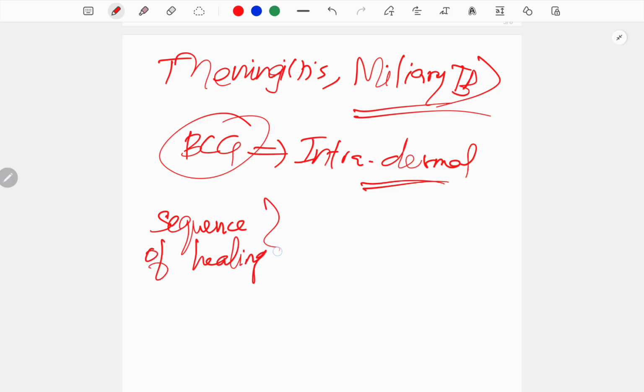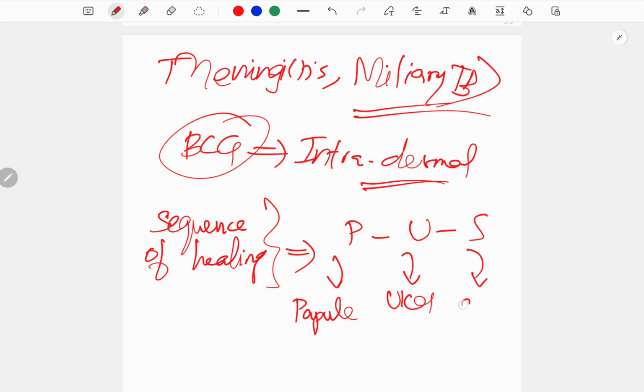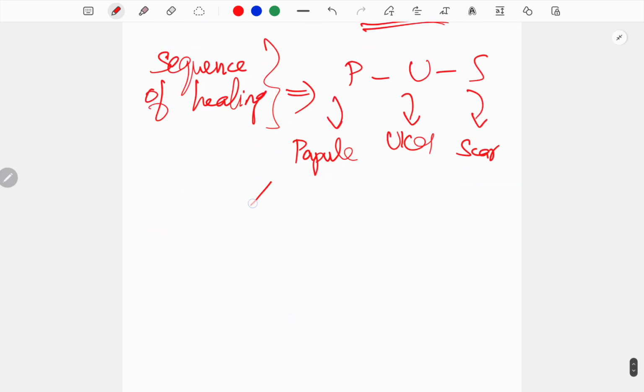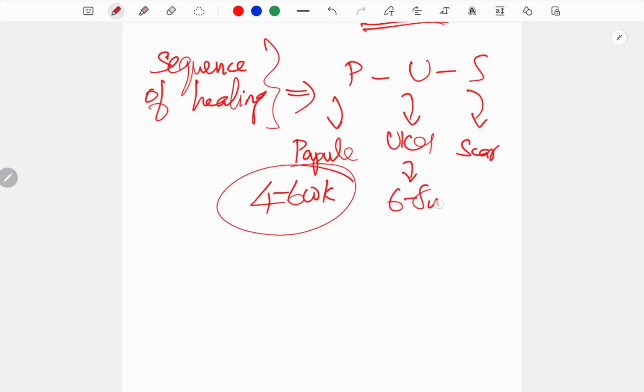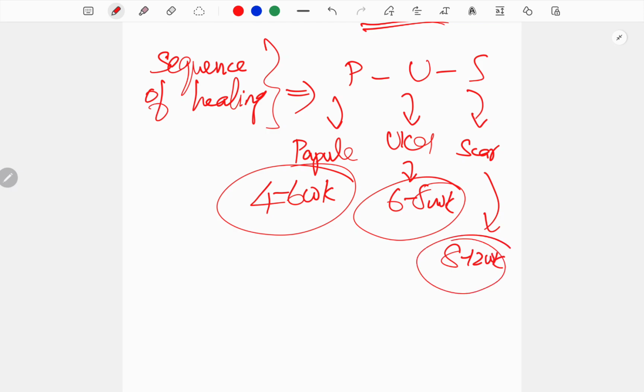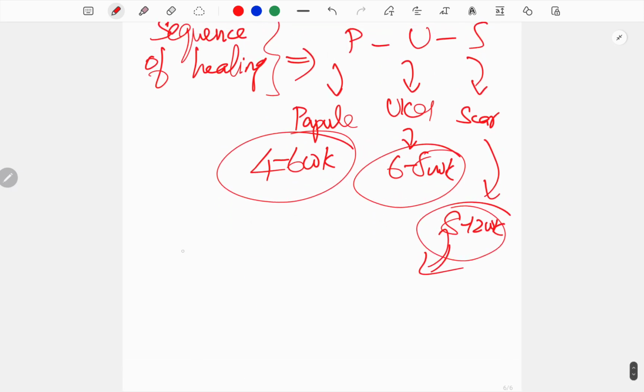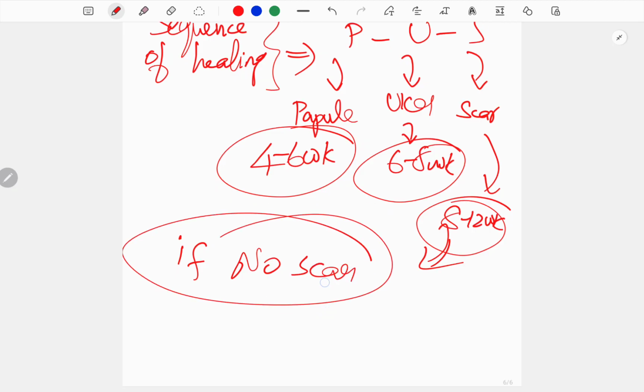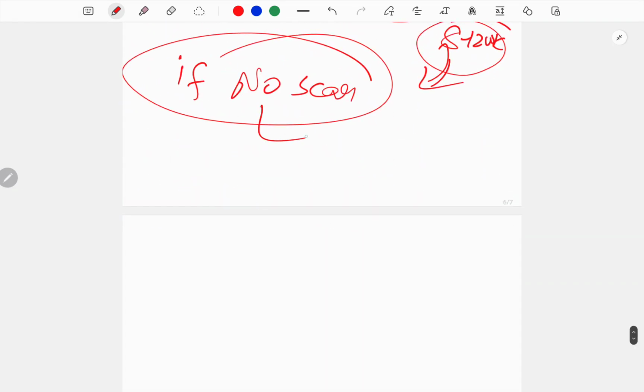That is papule formation, ulcer, then scar formation. Papule is formed in 4 to 6 weeks, ulcer 6 to 8 weeks, scar 8 to 12 weeks. After 12 weeks, if there is no scar, then it is an incorrect technique.